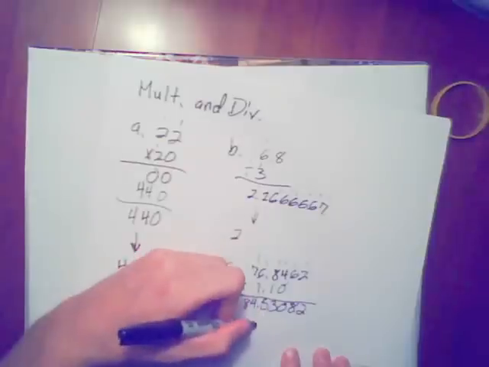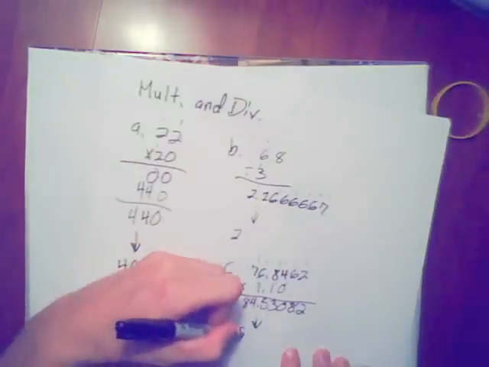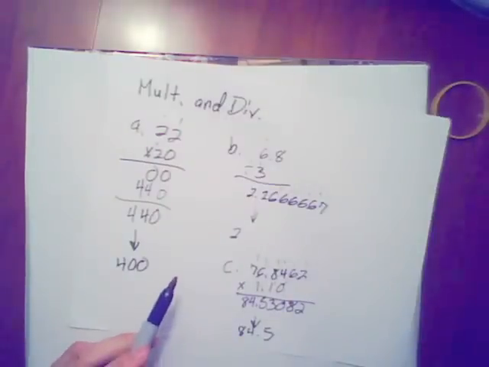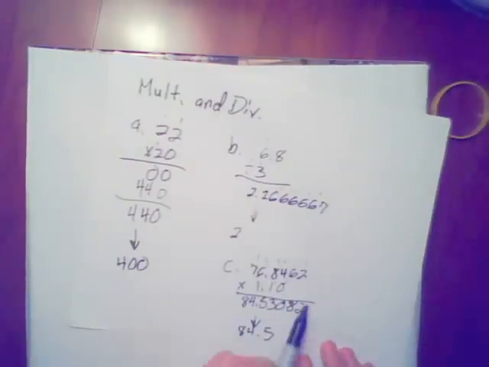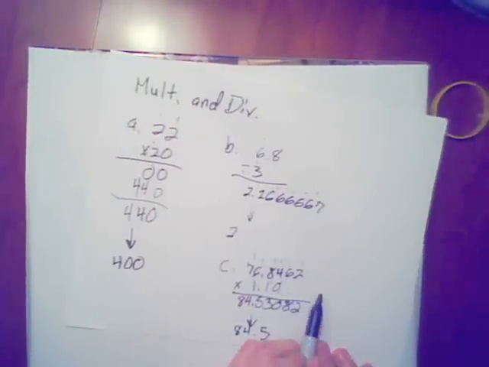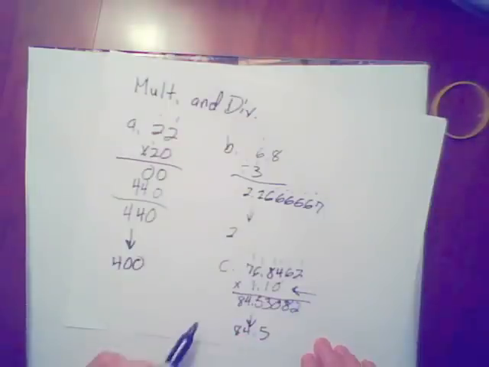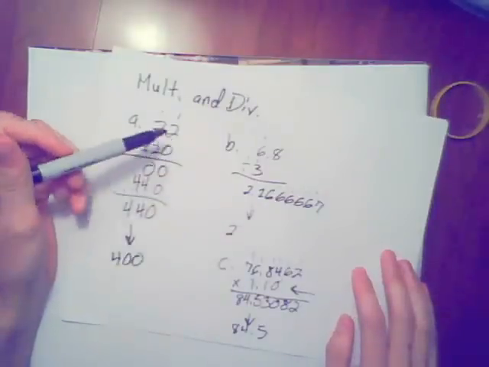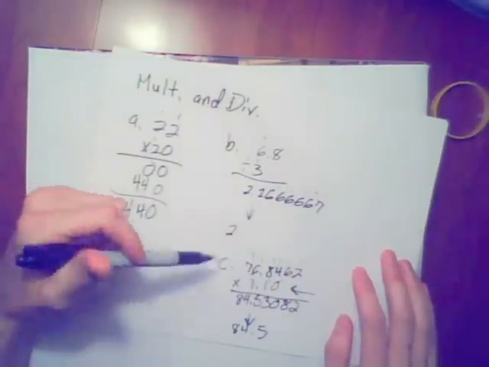So what you'll end up seeing is we want our answer to be 84.5. So again, this is because 1.10 right here only has 3 sig figs. So just keep that in mind when you multiply and divide, that you're going to keep the lowest number of sig figs as you can.